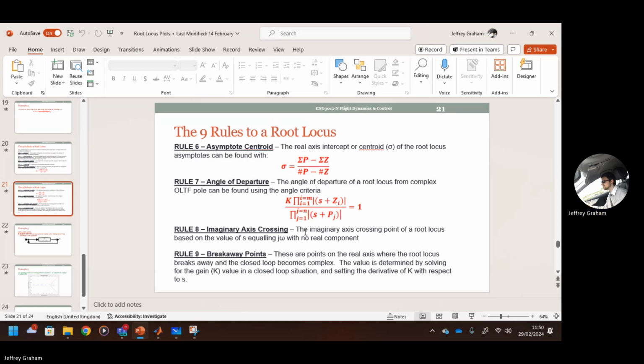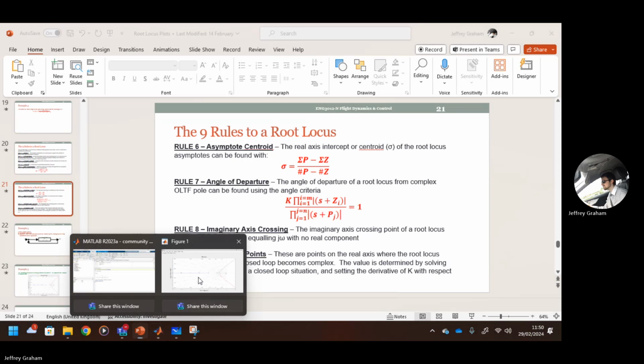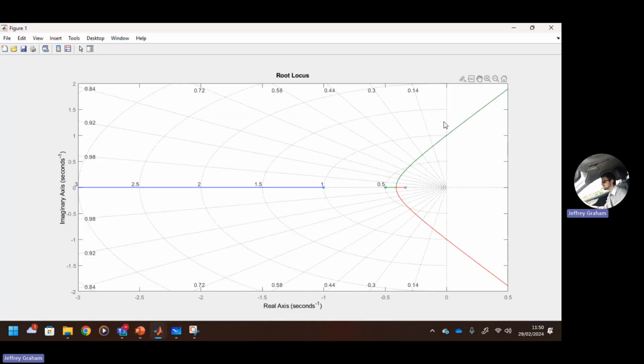Rule 8 talks about the root locus intercepting the imaginary axis. So at what point is the gain value going to be set where this particular branch goes from stable to neutrally stable to unstable? There's going to be a set K value at which this point will be stable or unstable. So we're looking for the point of neutral stability in this system.